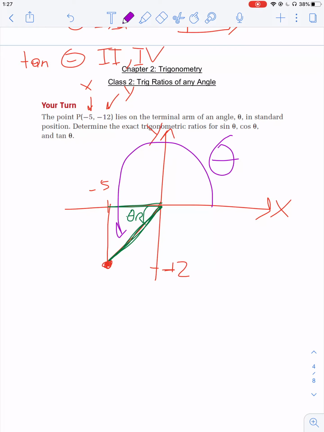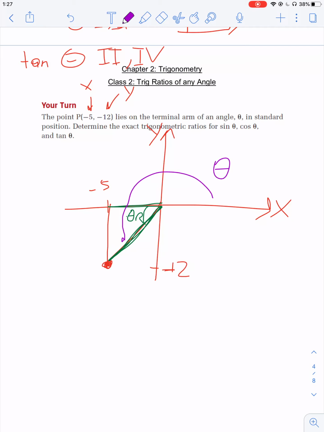So let's write SOHCAHTOA. I'm just going to erase this to make some space. Just remember that this is the theta value that you're interested in, okay?